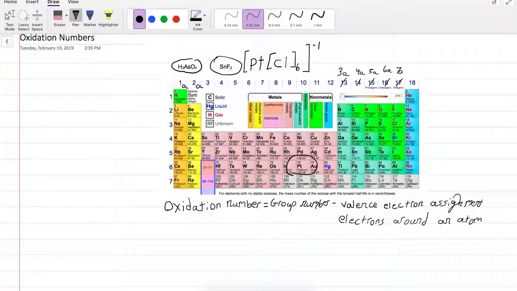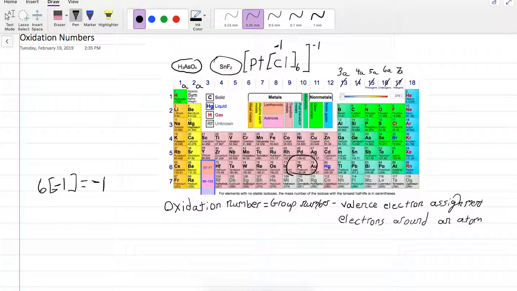We know that chlorine usually has an oxidation number of -1. So we have 6 chlorines, and those are each going to have a -1 charge. Now before, we always set this equal to 0, but here we can see that the overall molecule has a -1 charge. So that is going to have to equal -1.